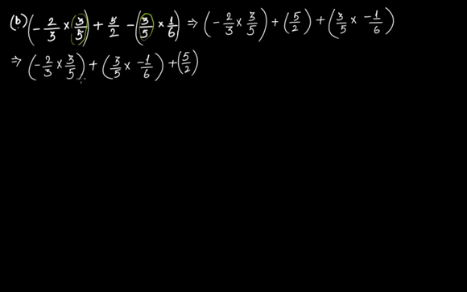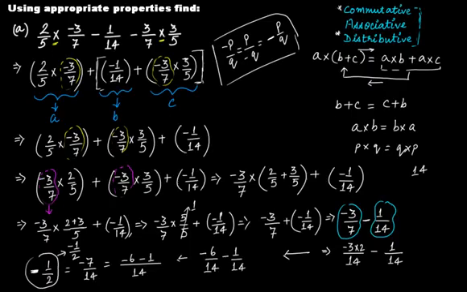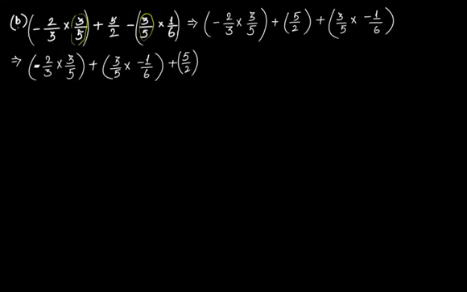Now can I write this like here, this minus is in the middle, right? And as I have told you here that if this is a minus in the middle, this can go with either the numerator or the denominator, same thing. So I'm replacing this minus from the middle line to this one with the numerator. Now I want to use distributive property. This is 3 over 5 times minus 1 over 6 and this is minus 2 over 3 times 3 over 5. I'm going to apply commutative property of multiplication of rational numbers.